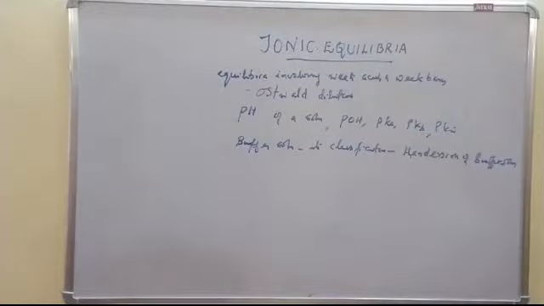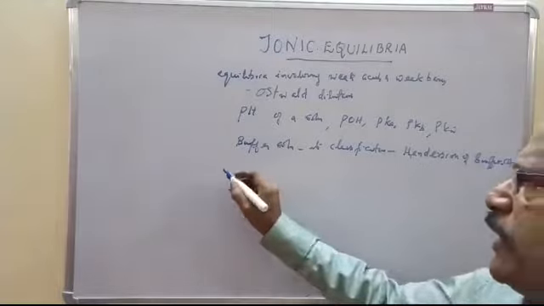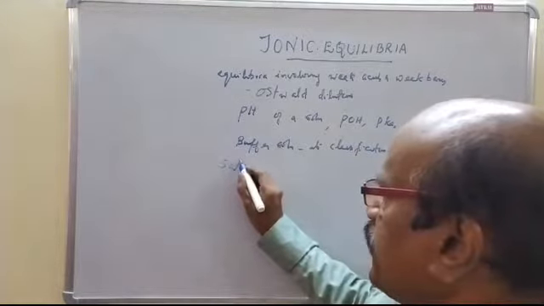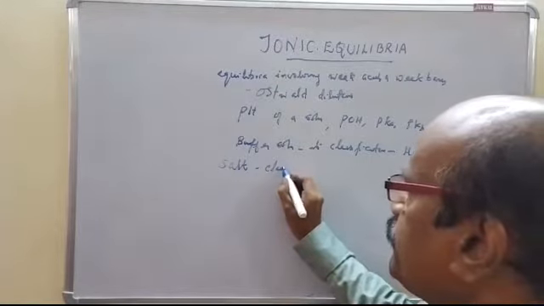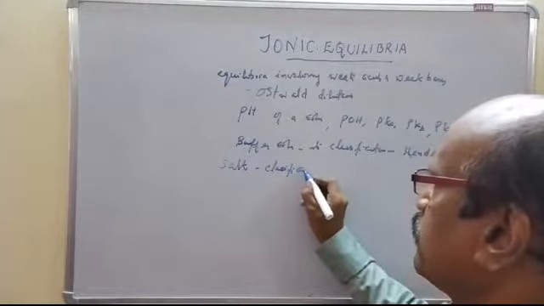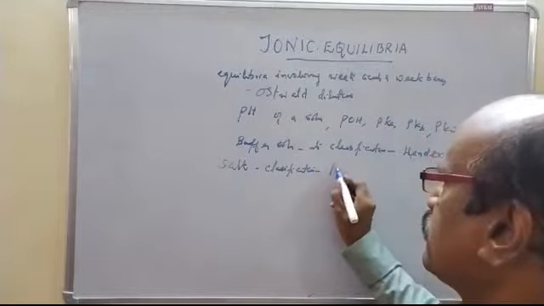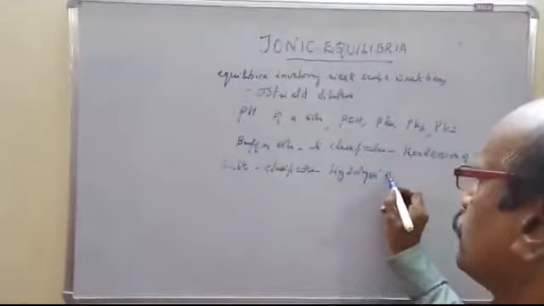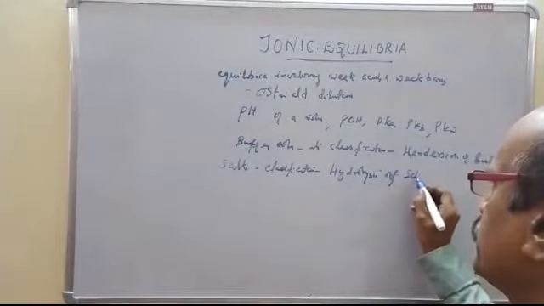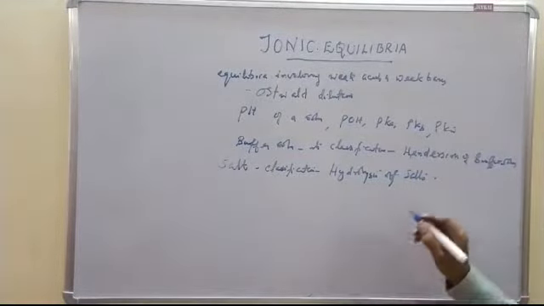The next important topic is salts and salt hydrolysis. Different types of salt, salt classification, then hydrolysis of salts, various types of salts, and the nature of their aqueous solution.